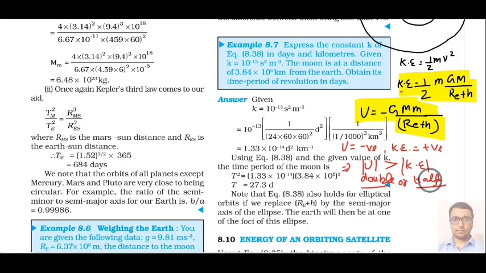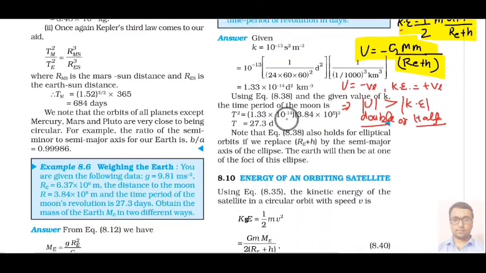Okay, and if I ask you what is the total energy, then you will say that total energy will be the sum of potential plus kinetic. Potential is minus G m1 m2 upon r, that is Re plus H, and kinetic energy is G m1 m2 upon 2 times of Re plus H. Only then we can say this is half.